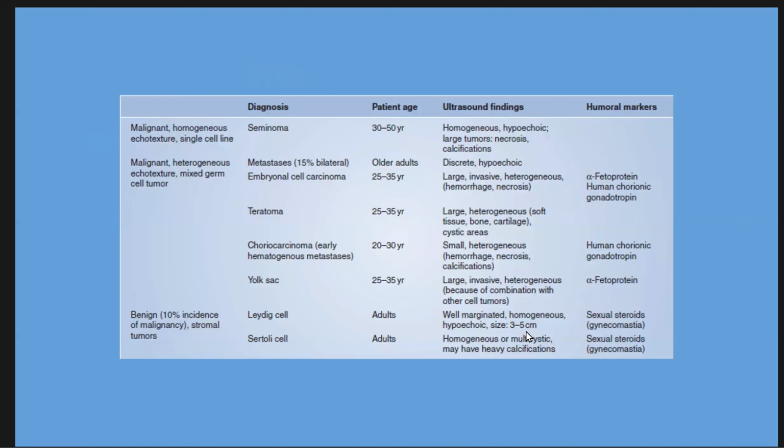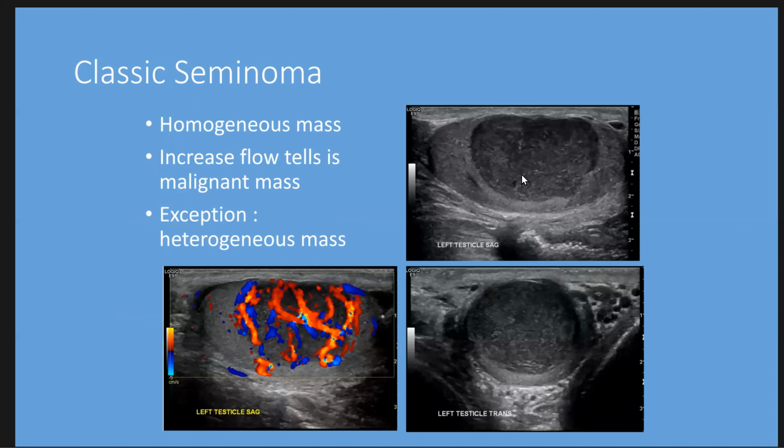Here, with this table, we have different types of tumor with ultrasound, age of presentation, and hormonal markers. For seminoma, the classic type is more common, and we have a homogeneous hypoechoic mass with increased intratesticular vascularity, and this is the classic ultrasound representation of seminoma.